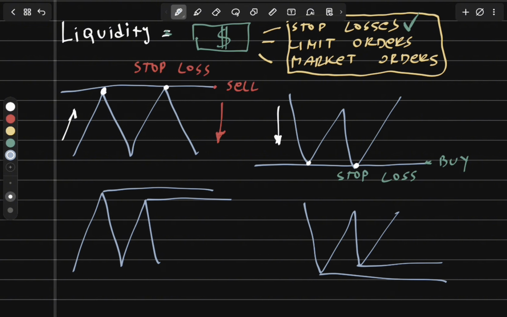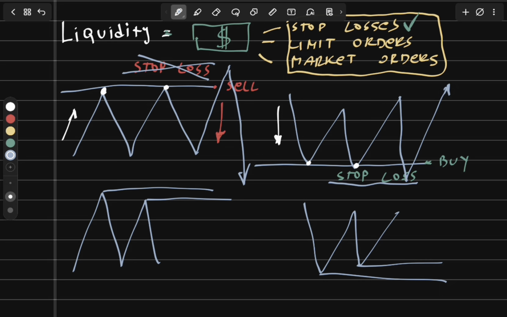So what the market is going to try to do is push up, take all these stop losses, and then sell down again. And here as well, it's going to push down, take all these stop losses, and push back up. With this movement, not only did we take the stop losses from these areas, but we also induced sellers.